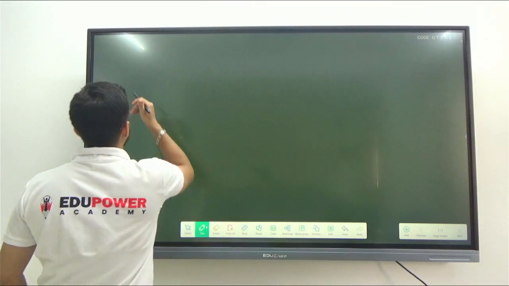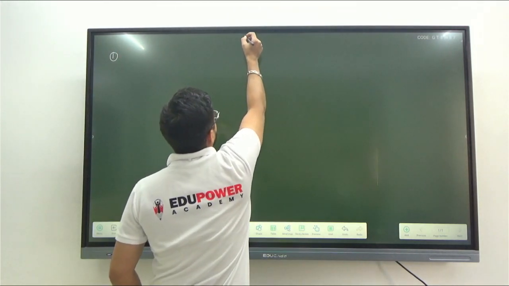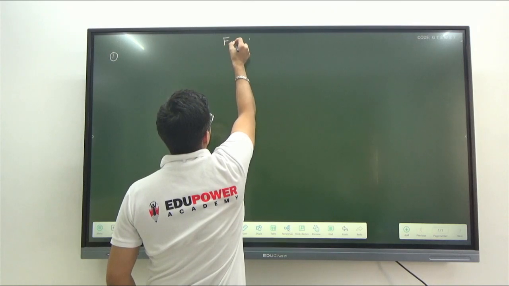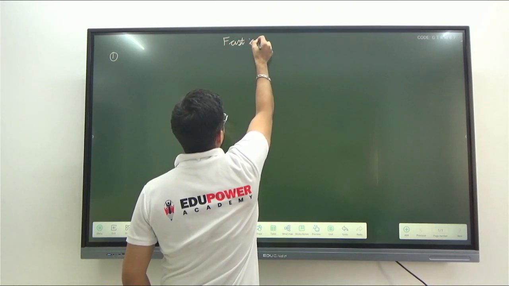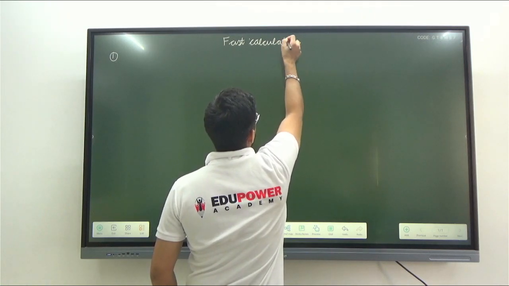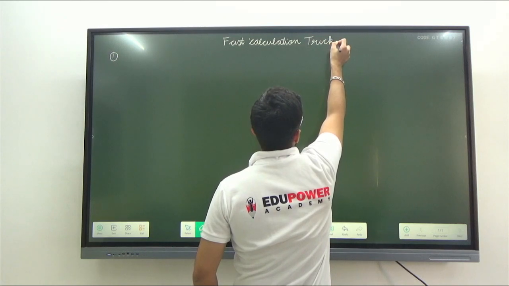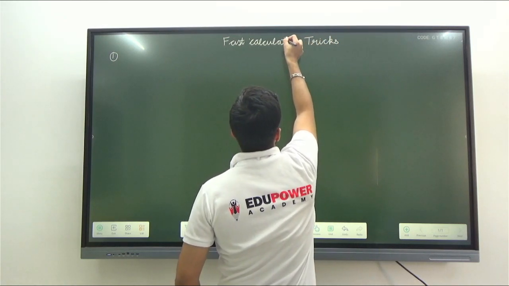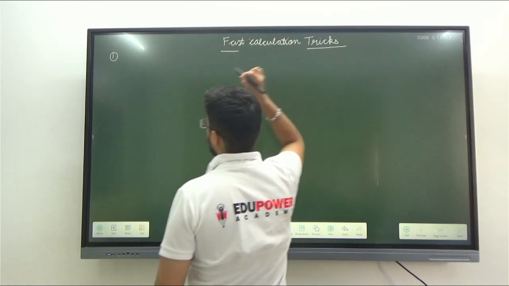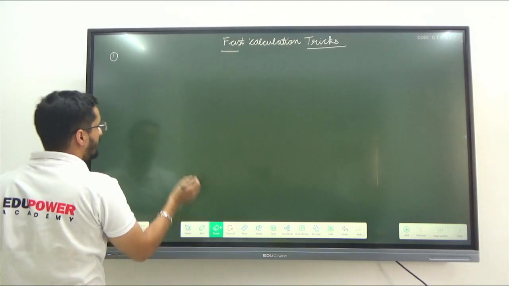So the first trick is, we are studying fast calculation tricks. The first trick which we are going to study is multiplying any number by 11.